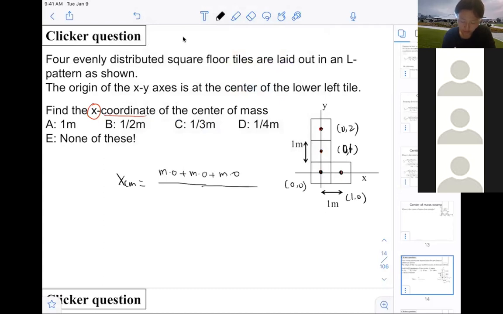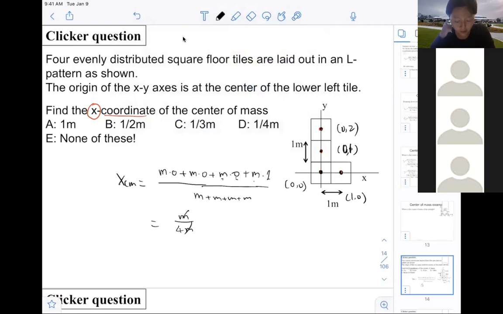All 3 of these masses are at location 0. Only the fourth is at 1, and then you have 4 of these tiles added together. So that's 1m over 4m, right? Yes. Very good. That's exactly how we solved this question.